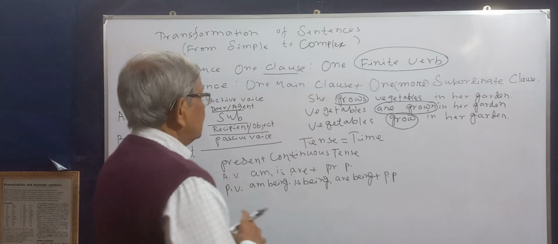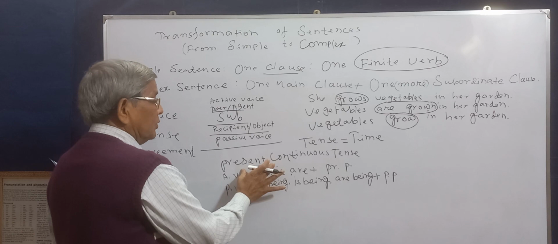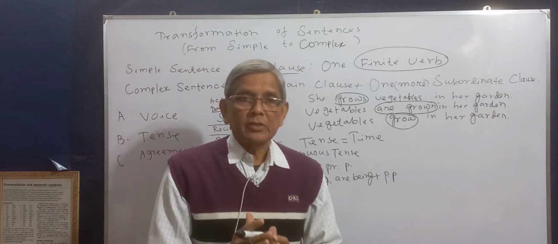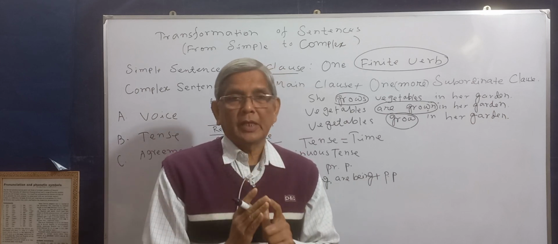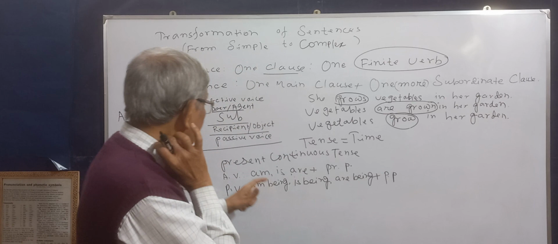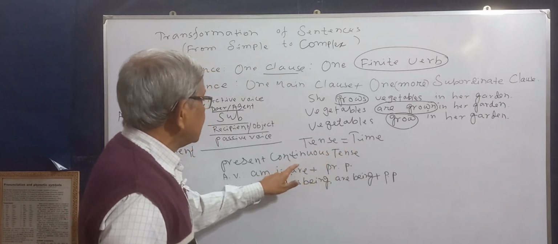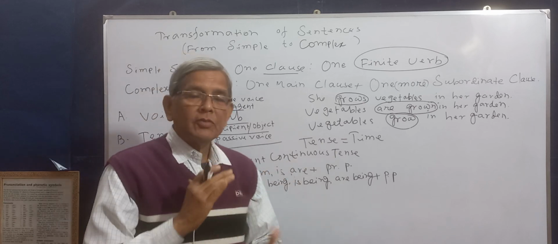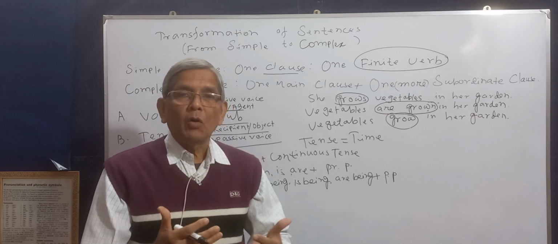Now, notice that the name of this tense is present continuous, not only present. If we only say present, we cannot make any sentence until we mention the name of a specific tense. That is, the two parts of the tense. Present indicates the time, and this term continuous tells us the state, the condition of the verb, that is, it is now going on.